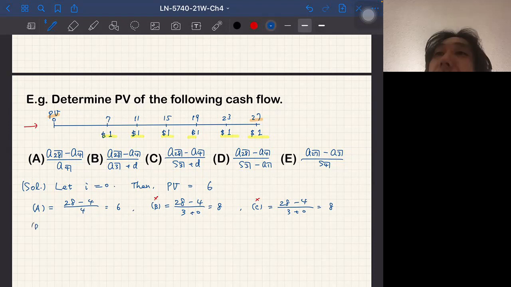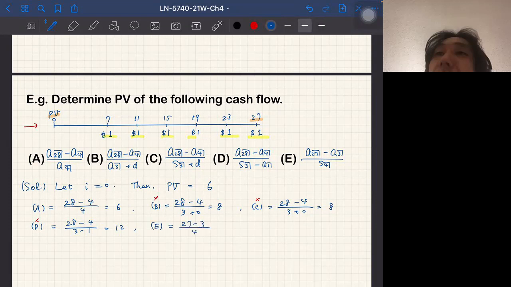And how about D? D is 28 minus 4 over 3 minus 1. So 24 over 2, so 12. It's even worse, so D cannot be the answer. How about E? E is equal to 27 minus 3 over 4.